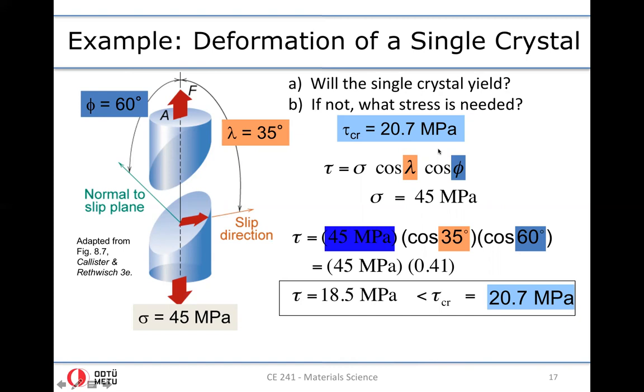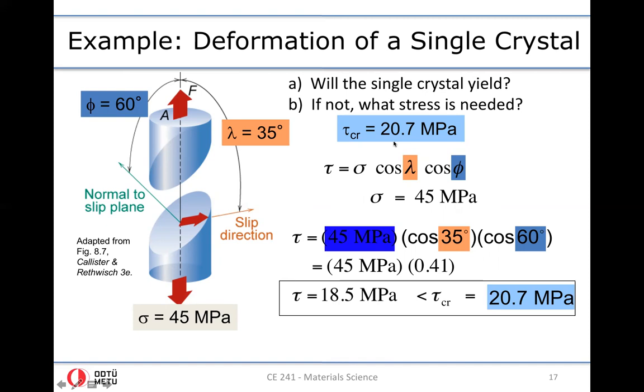Of course, what we need to do is calculate the resolved shear stress by substituting 45 megapascals in the place of the externally applied normal stress, and the cosine of lambda for lambda 35 degrees and 60 degrees for phi, and calculate the result that yields 18.5 megapascals, which is smaller than the critical resolved shear stress.